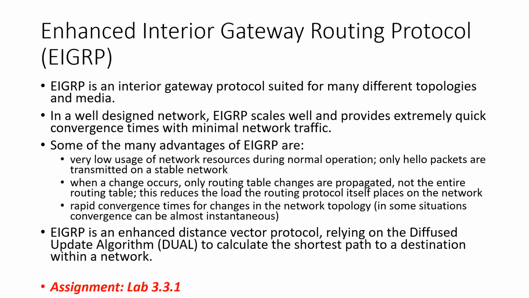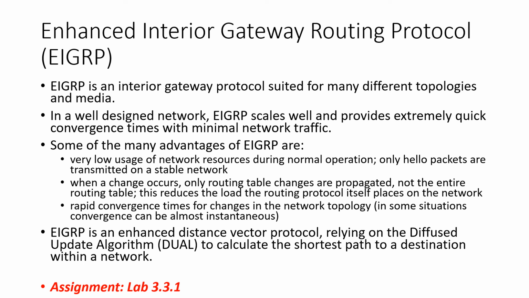Only hello packets are transmitted in a stable network. When a change occurs, only routing table changes are propagated, not the entire routing table. This reduces the load the routing protocol itself places on the network. Rapid convergence to changes in the network topology. In some circumstances, convergence can be almost instantaneous.